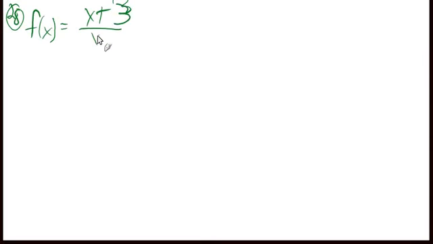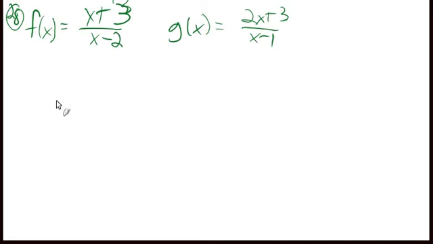Go on to number 28, and they want us to do the same thing, so let's just get another practice in. f of x is equal to x plus 3 over x minus 2. g of x is equal to 2x plus 3 over x minus 1.